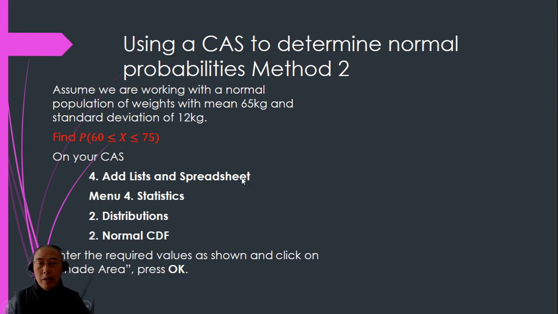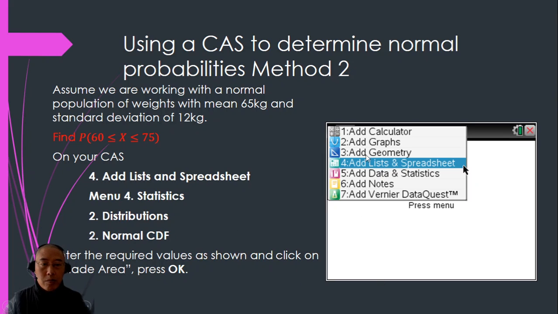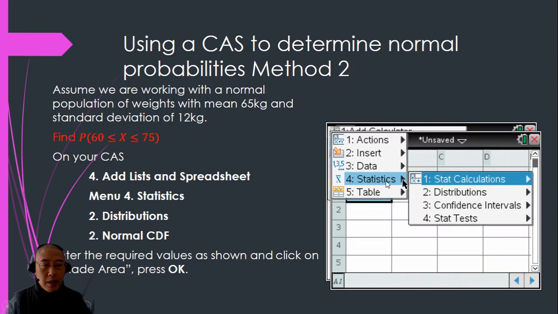Alright, so when you have a problem, it's a normal distribution, you have your mean and your standard deviation, and it asks you to find the probability. What you can do is not only get the calculation but also a visual representation. You follow these instructions. The first thing is, it's not going to be a calc page, it's going to be your spreadsheet. So you choose to add a page, a list and spreadsheet.